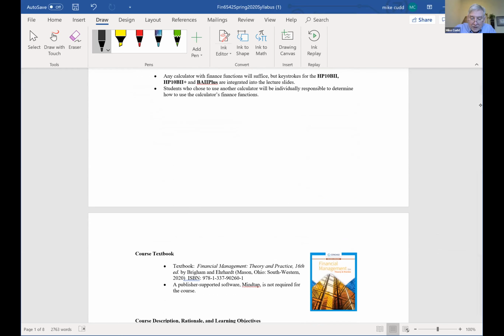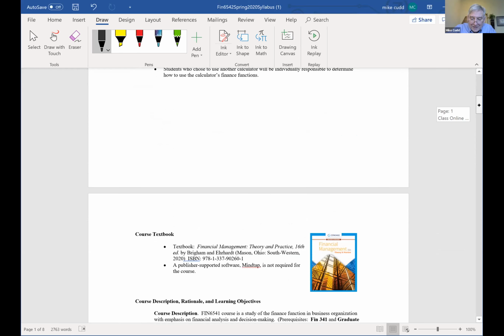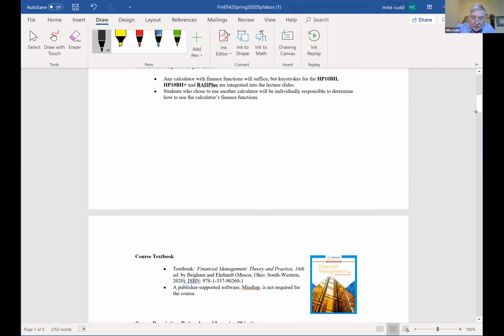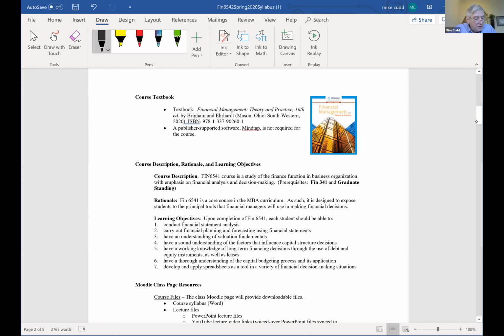You'll need a financial calculator, same ones you used at the undergraduate level or in Finance 6541, HP 10B2 or BA2 Plus. A lot of the slides provided in the course give you the keystrokes for certain financial calculations. The book we're going to use is by Brigham and Ehrhardt, Financial Management Theory and Practice, 16th edition. This is what we just used for Finance 6541.